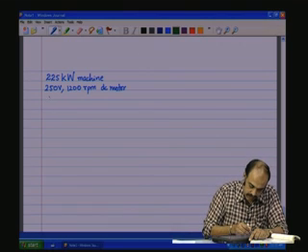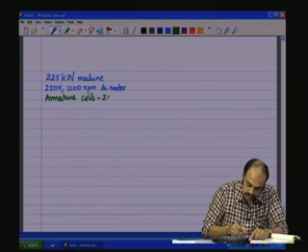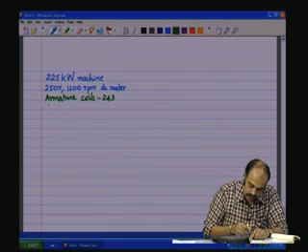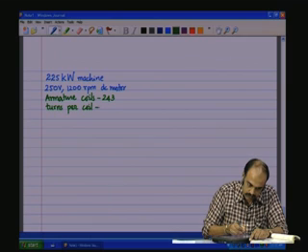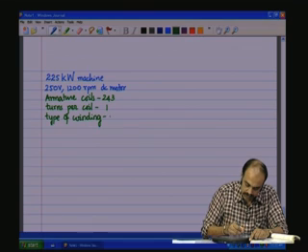And some of the details are armature coils 243, turns per coil 1, type of winding lap winding.